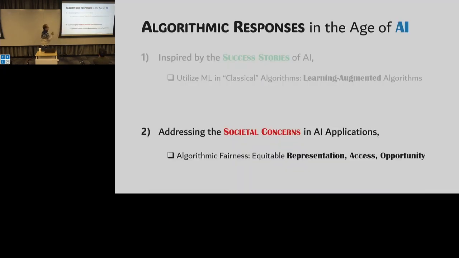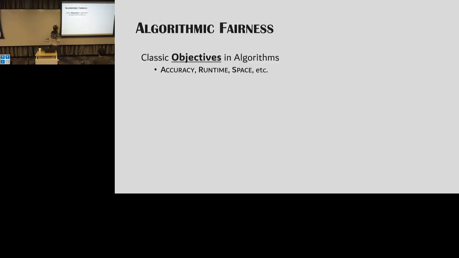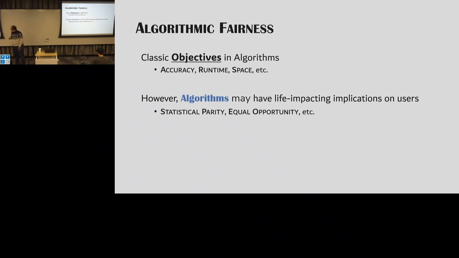So the other aspect is algorithmic fairness. I'll quickly tell something about that. In classical algorithm design, usually the objective is to optimize the accuracy, runtime, or space complexity, for instance, as in the streaming algorithm I described. We try to just optimize the space complexity. But in reality, the algorithm may have very different impacts on individuals who are interacting with it.